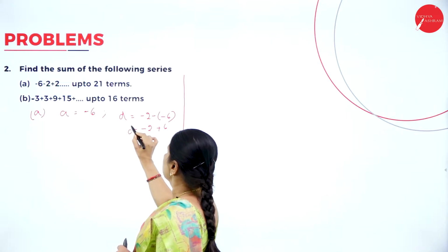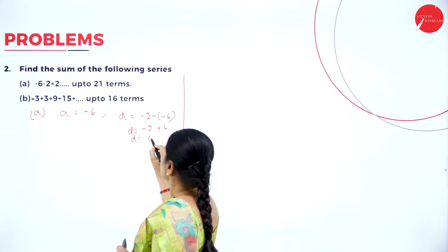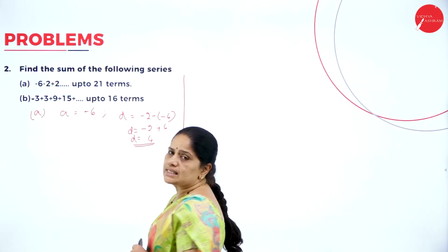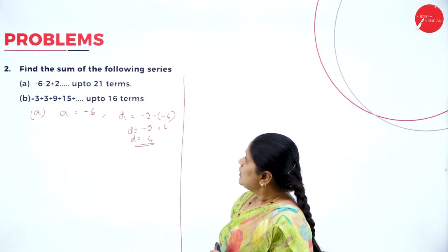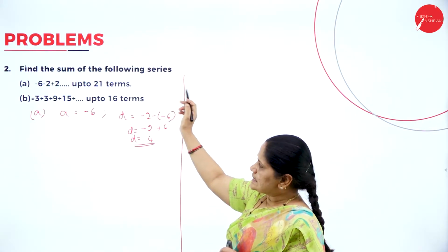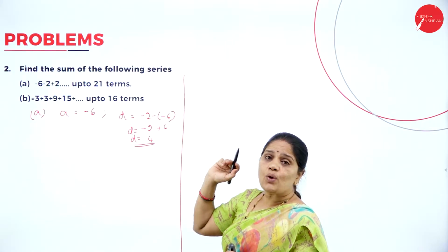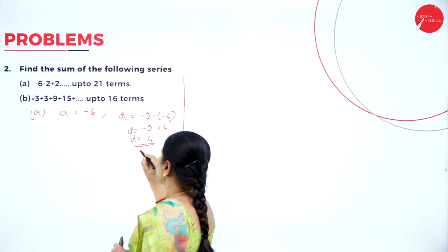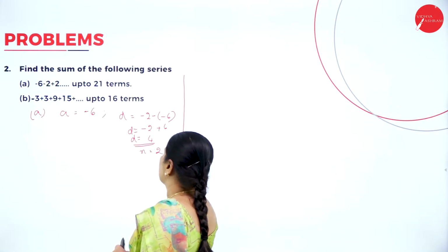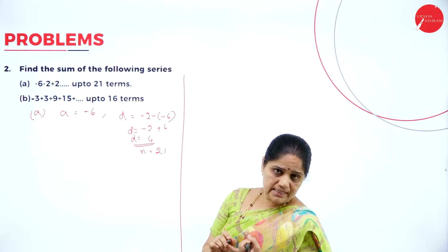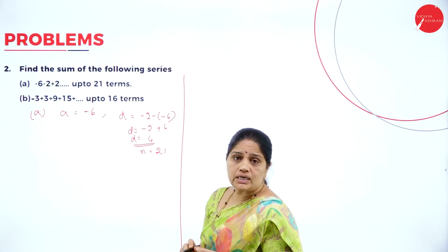So, D will be equal to 4. Minus 2 plus 6 equals 4. Now, find the sum of the following series up to 21 terms. So, N equals 21. So, I know what A is, what D is and what N is.